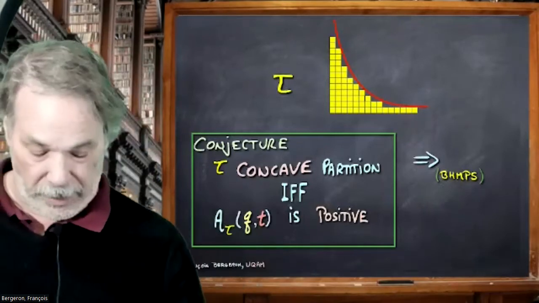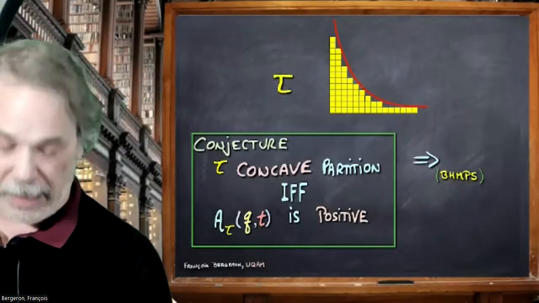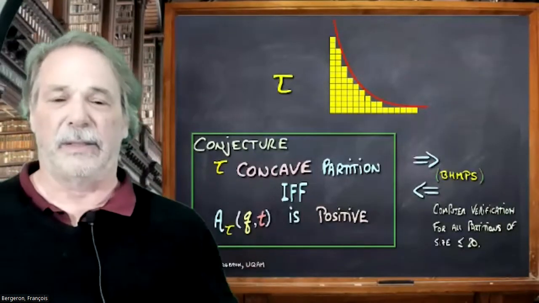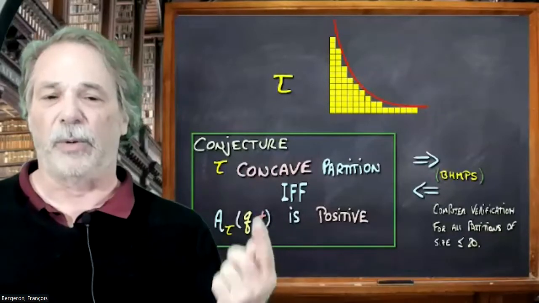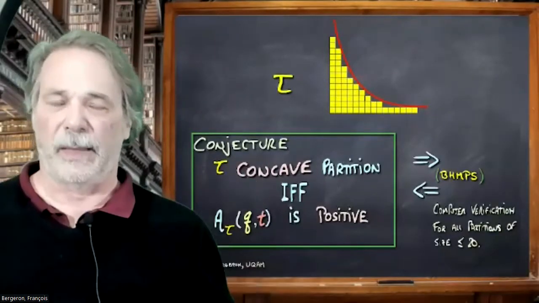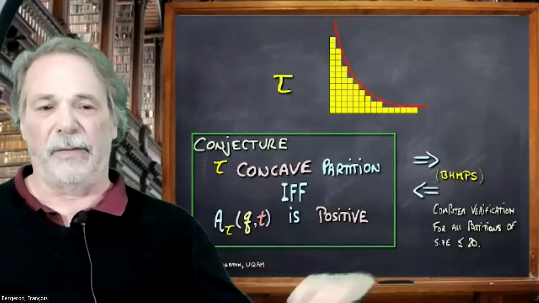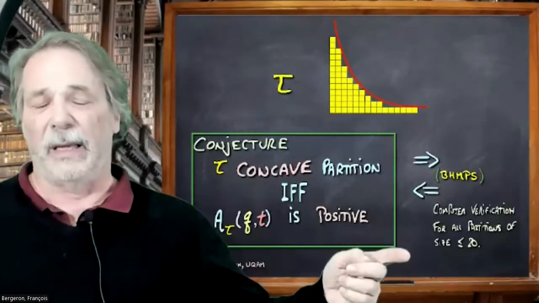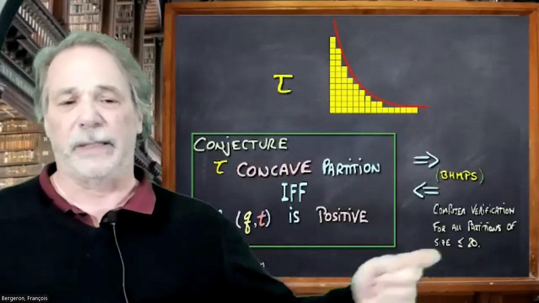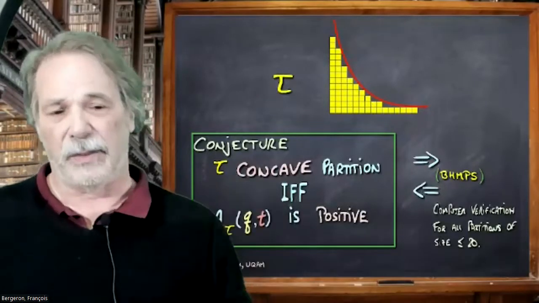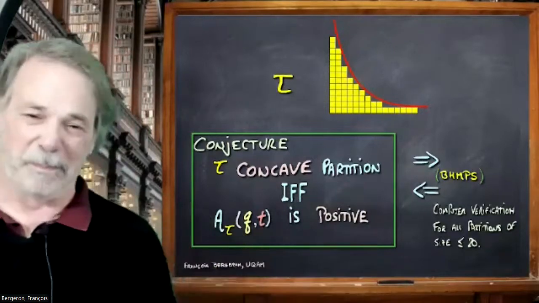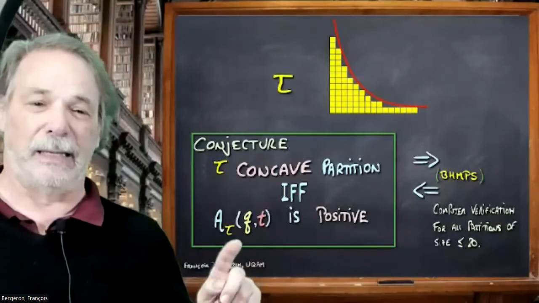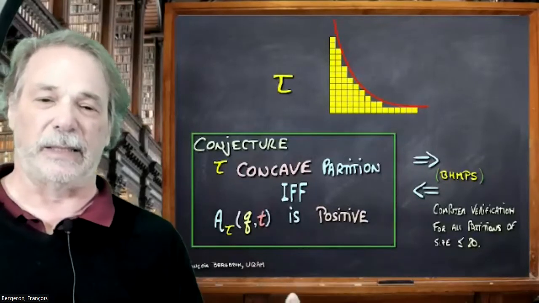And now, for a reason that I won't have time to get to, I thought that it would have to go the other way also. And I've computed for all partitions up to 20 cells. That's some indication. And then the implication seems to be right in the other way.